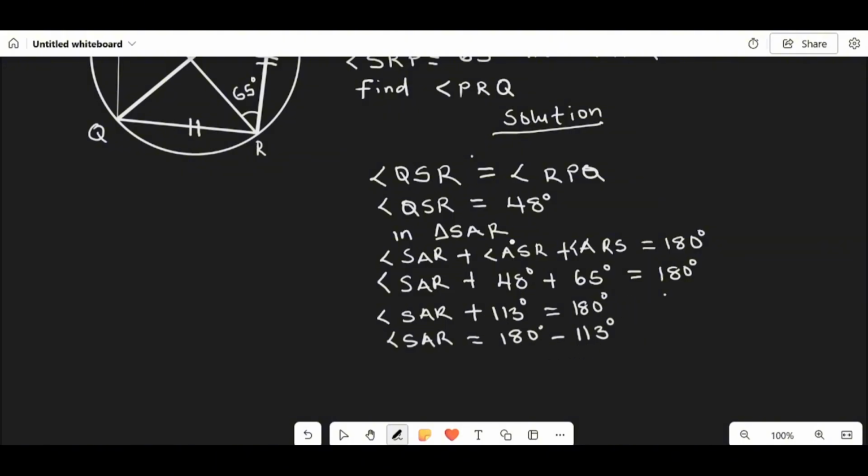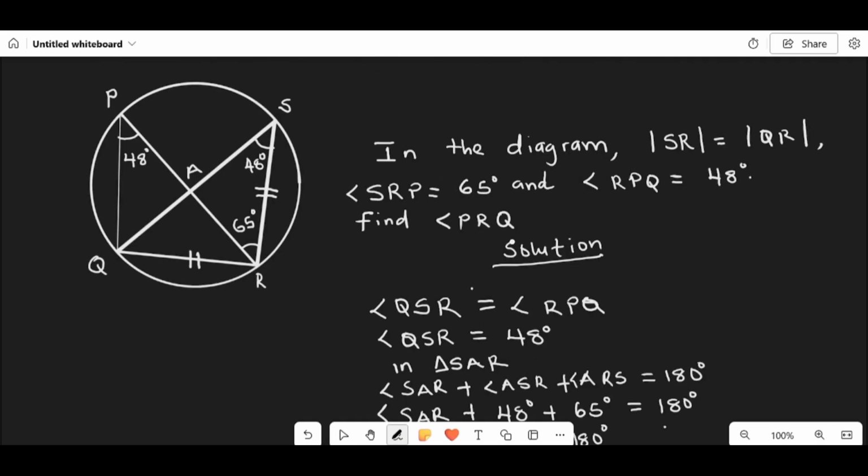So our angle XAR is equal to 67 degrees. 180 degrees minus 113 degrees will give us 67 degrees. That means that our angle XAR is 67 degrees.